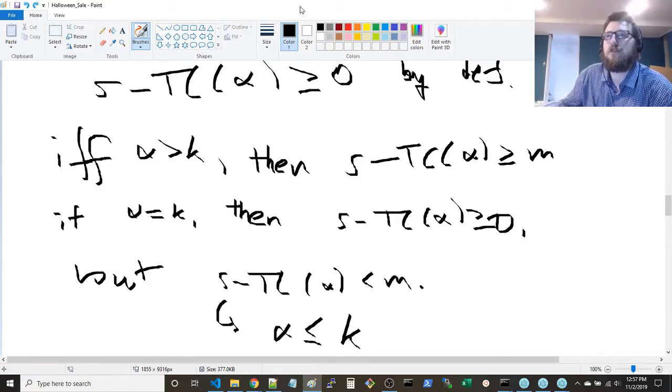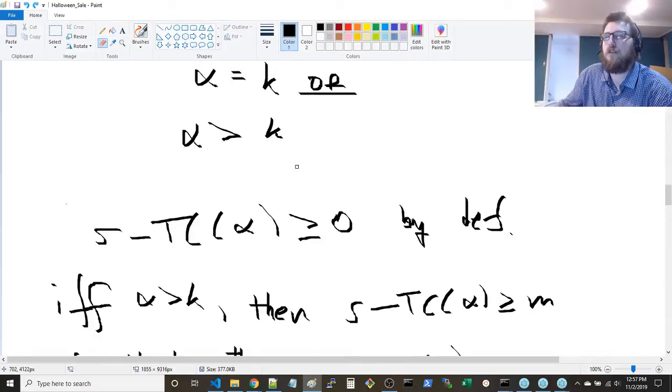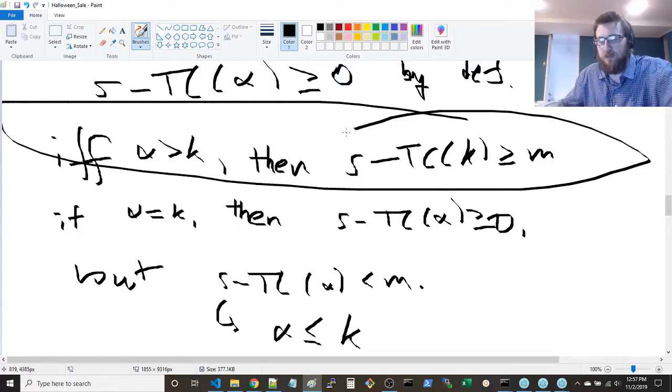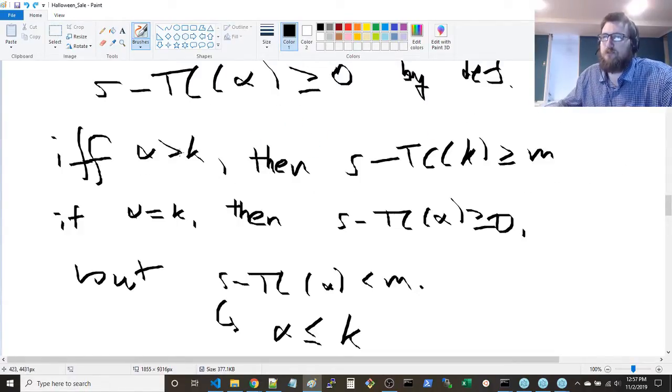I did this wrong. There we go. This is what we want. We'll call it a lemma. If and only if alpha is greater than k, then s minus tc of k is greater than or equal to m. Yes, that makes sense.